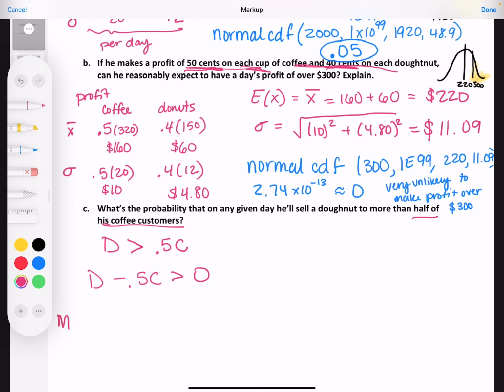So the mean is the average donuts, which is 150, minus 0.5 times the average coffee, which is 320. The coffee is 320 because that's the mean, right? For the day.